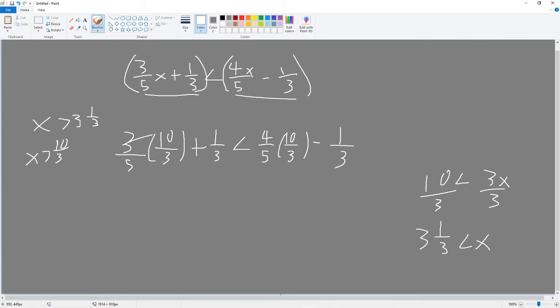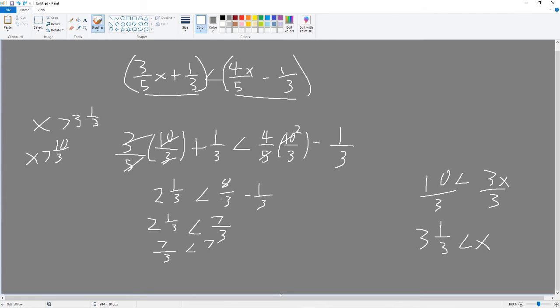The 3s cancel out, this becomes a 2, so I get 2 and 1/3 on the left. On the right I have 8 over 3 minus 1 over 3, which is 7 over 3. So we see that at 10 over 3, the answers are equal.